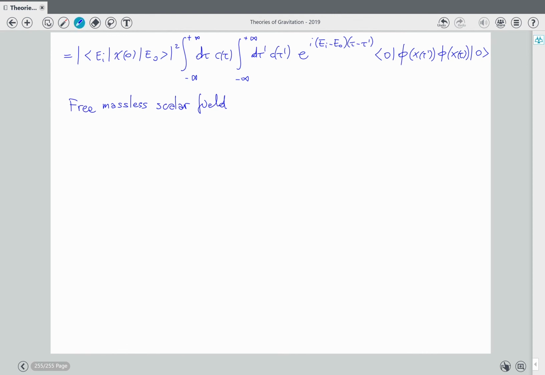And its propagator is well known. So in momentum space, it's 1 over p squared. And in coordinate space, when you compute the Fourier transform, it's 1 over x minus y squared.